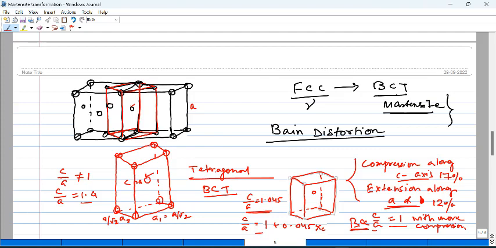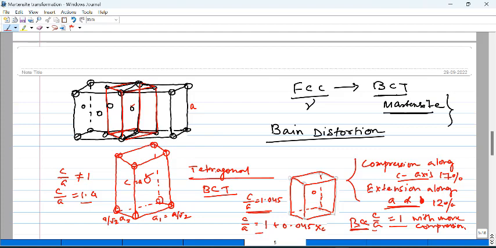But try and understand what is happening to the lattice, because you are changing the structure by compressing it down the C axis and letting it extend along the other two axes, right? So it is actually creating some kind of strain, some kind of distortion that you see over here.